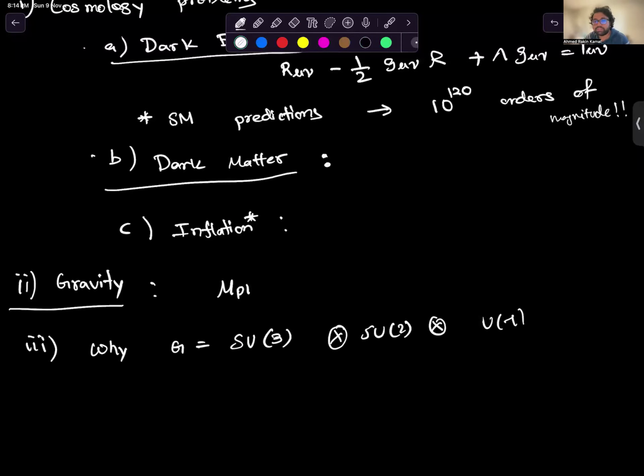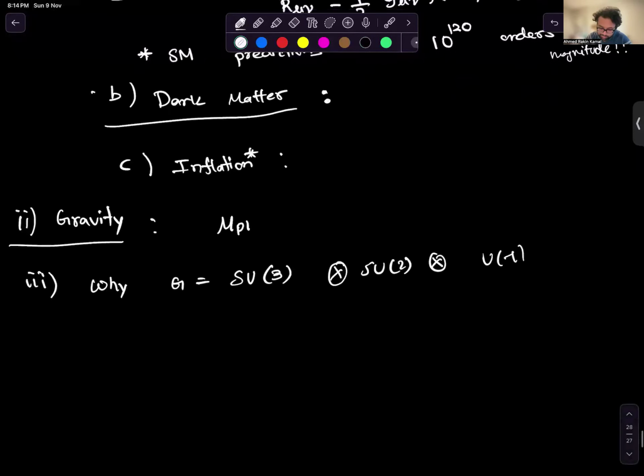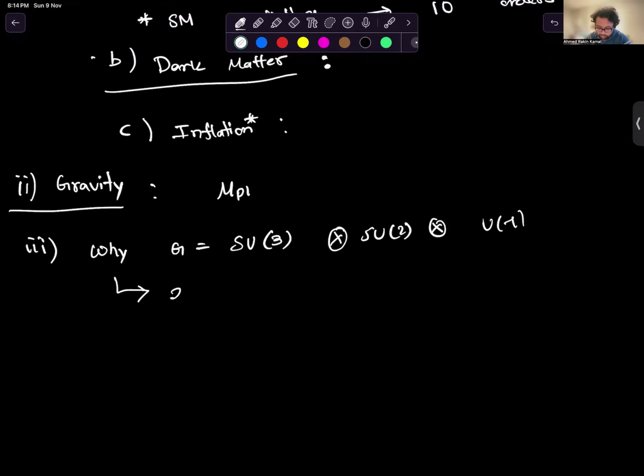But you could also ask a more scientific question: why 20 plus parameters, or 25 plus parameters? This is worrying because these are free parameters and we have no explanation why they are the way they are. Maybe there should be some explanation, because 20 plus parameters is a lot of parameters.